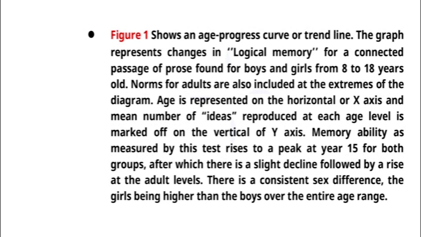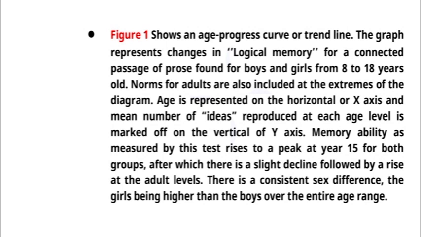Norms for adults are also included at the extremes of the diagram. Age is represented on the horizontal or OX axis, and the mean number of ideas reproduced at each age level is marked off on the vertical Y axis. As I have told you, this is the age and this is the number of ideas.